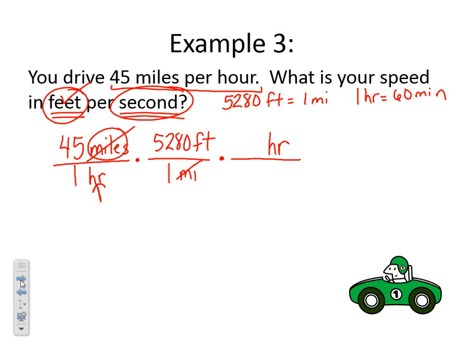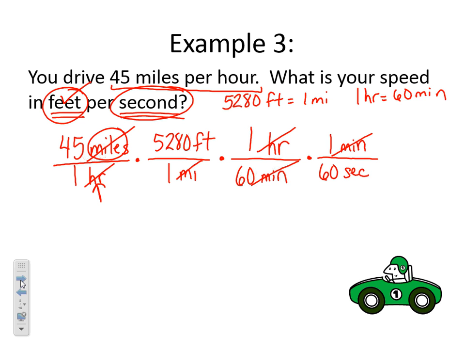So my fact was 1 hour is the same thing as 60 minutes. Now my hours can simplify away and I'm left with minutes. Now I need to convert that into seconds. Well, 1 minute is the same thing as 60 seconds. Notice how I put minutes in the numerator so that it would cancel with the minutes that are in the denominator. And you can see now I have seconds left.